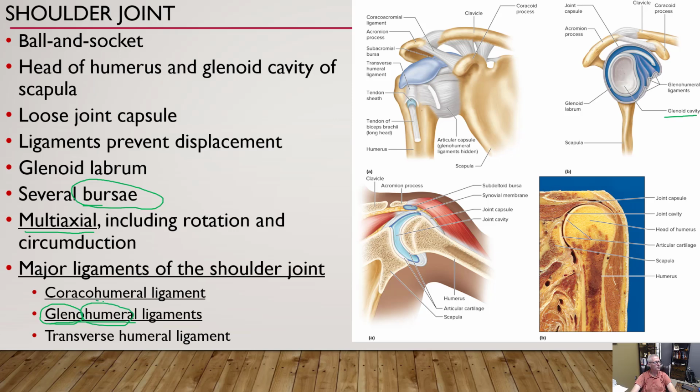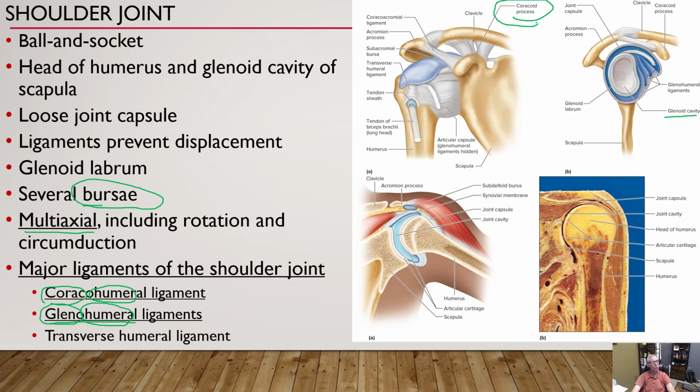But we also have this coracohumeral ligament. You should be able to recognize humeral because of that humerus, but that coraco, up here, remember that coracoid process of the scapula.